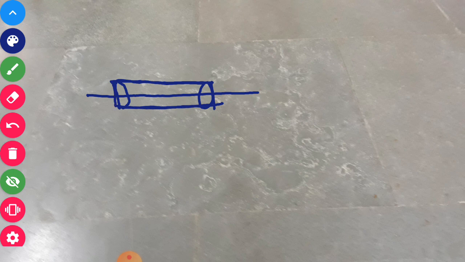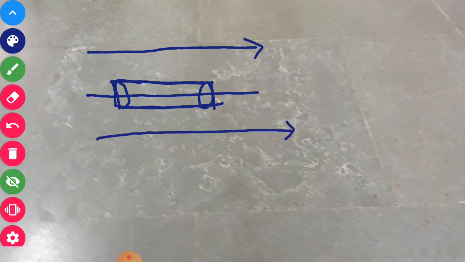The external magnetic field, as you know, is always from north to south, and the magnetic dipole moment is always from south to north. So this is the direction of the magnetic moment, which is along the axis of the solenoid, or if you consider it as a bar magnet, then also it is along the axis of the bar magnet.